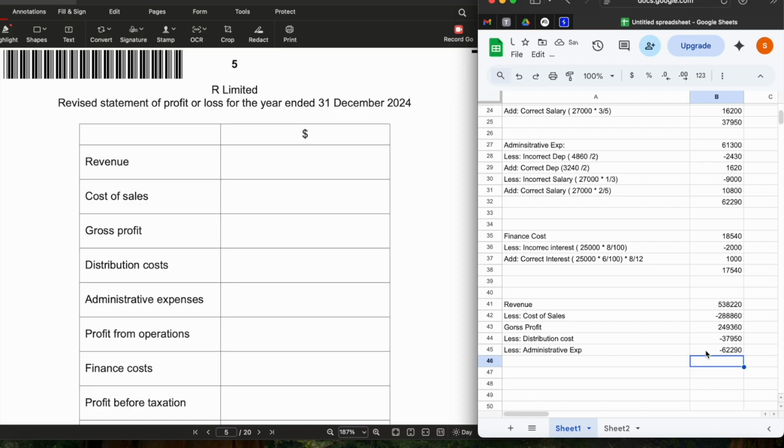Once you subtract these two, you will get profit from operation. From profit from operation, we subtract finance cost, which we calculated out here, 17,540, and then you'll get profit before tax.